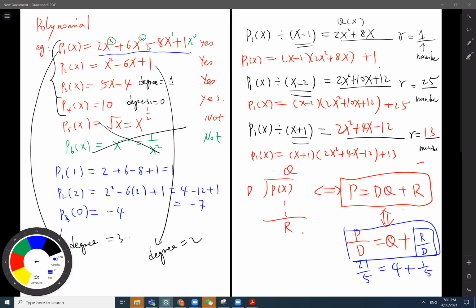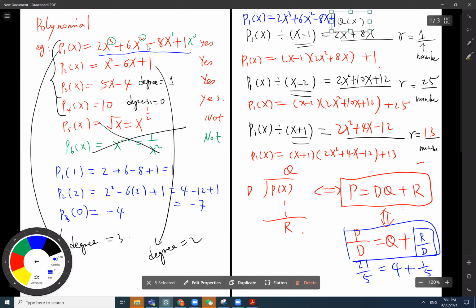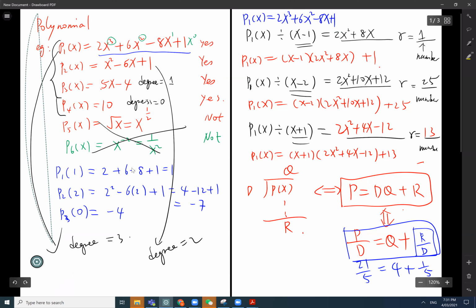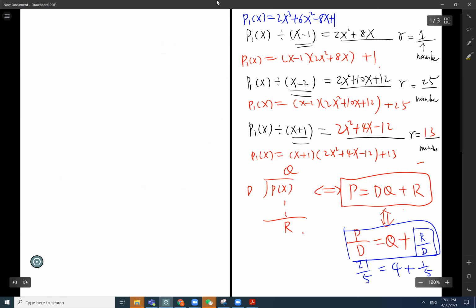Let's try another one. Our P1(x). This is P1(x).